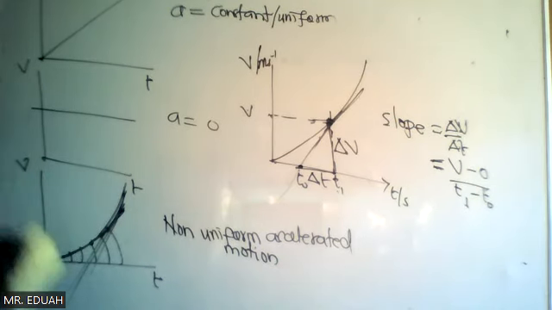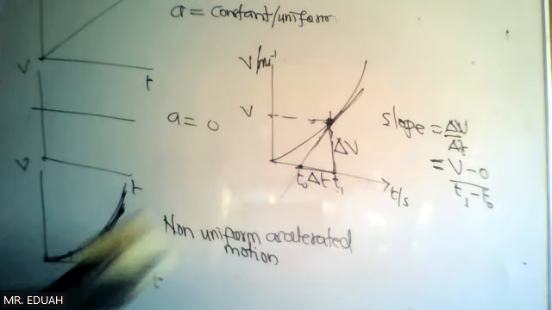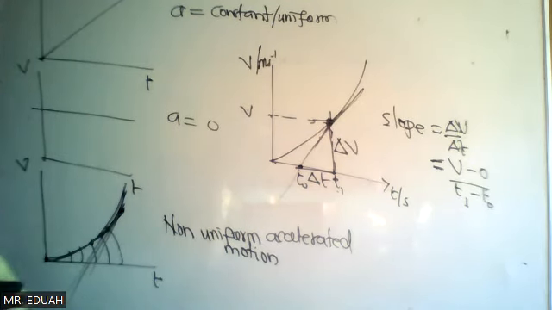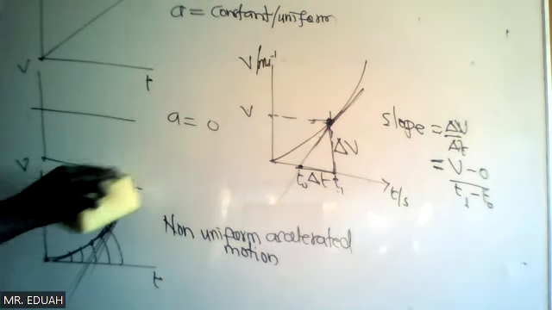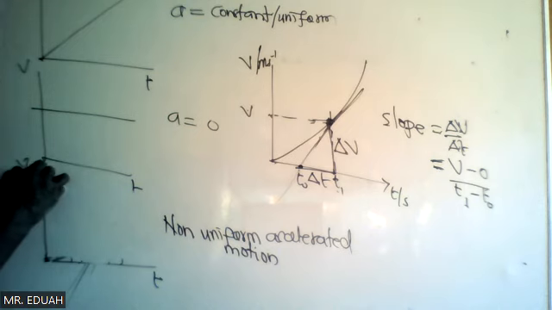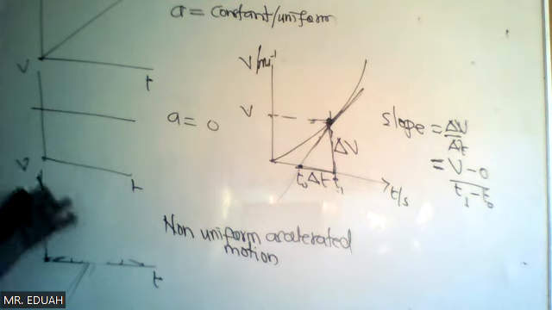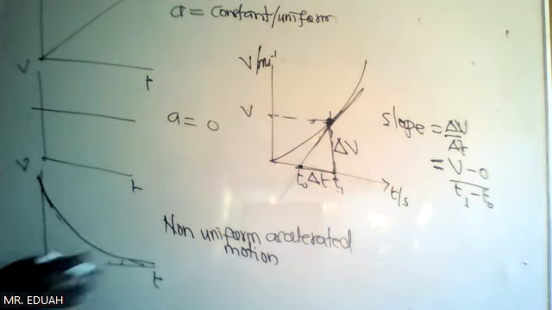Last observation. So we've gone through when the velocity is increasing. We can also draw it for when the velocity is decreasing, in that non-uniform manner. If it's a decreasing velocity, this is how it will look.